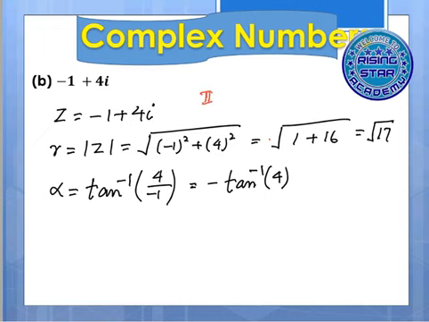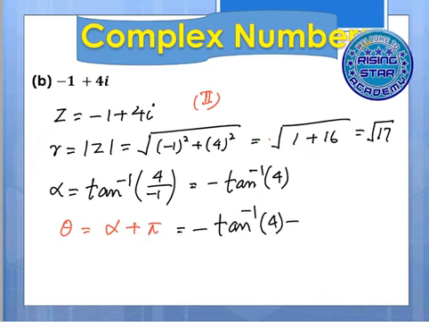So in the second quadrant, the theta will become alpha plus pi. So I will write the value of alpha now. That would be negative tan inverse of 4 plus pi. So I would use the calculator to convert the value into decimals.